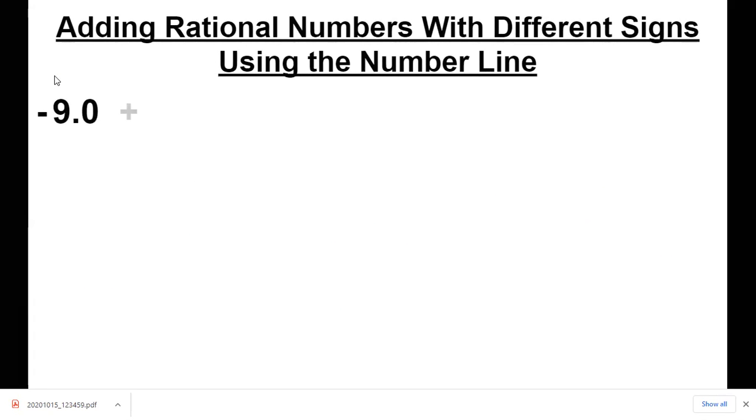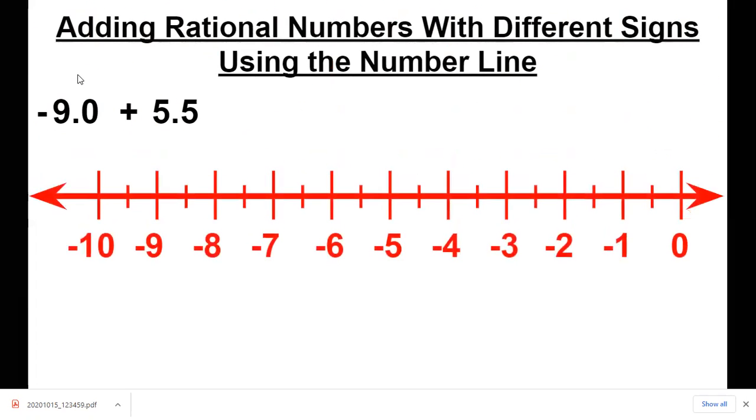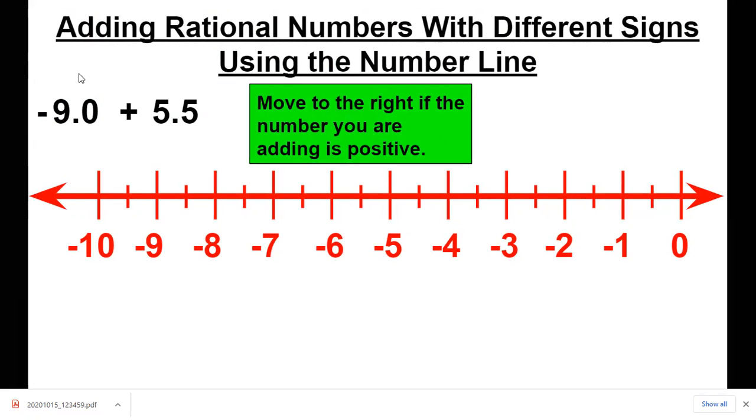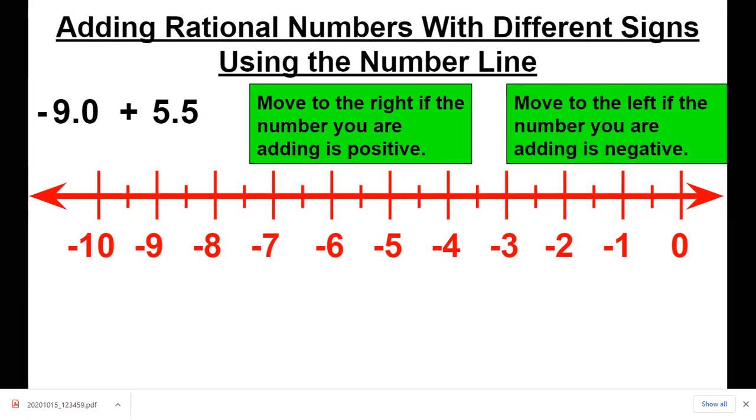Negative 9.0 plus positive 5.5. Different signs. We're subtracting them really, right? So on a number line, for adding a 5.5, we're going to go in what direction? To the right if we're adding a positive, to the left if we're adding a negative. 5.5 is positive, so we're going to go to the right.